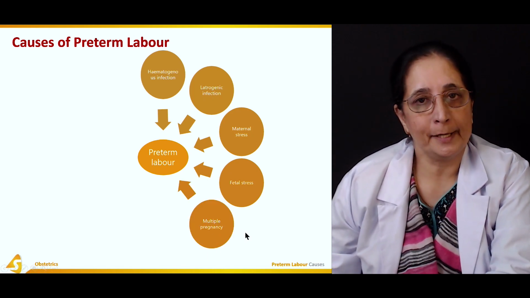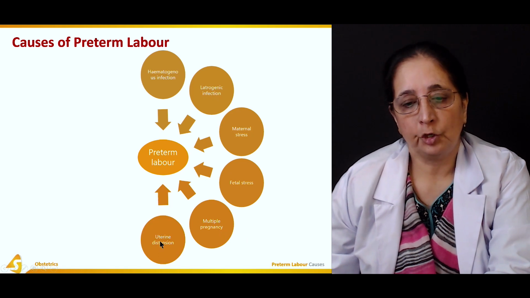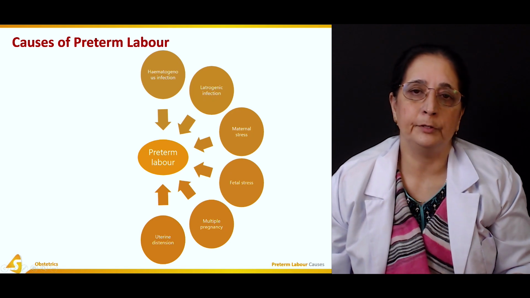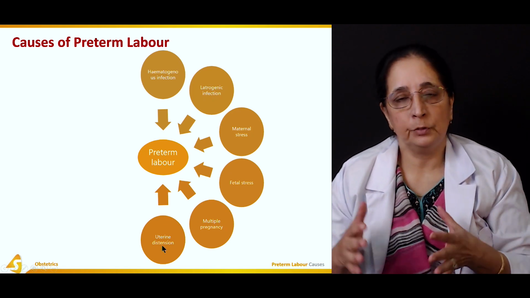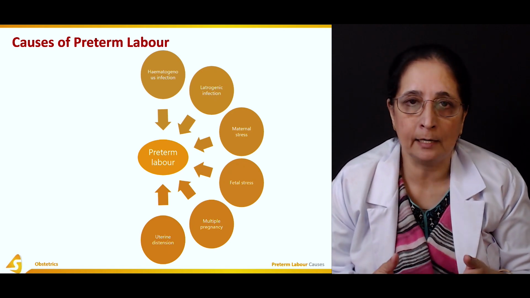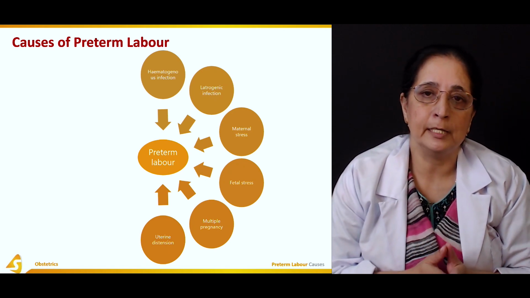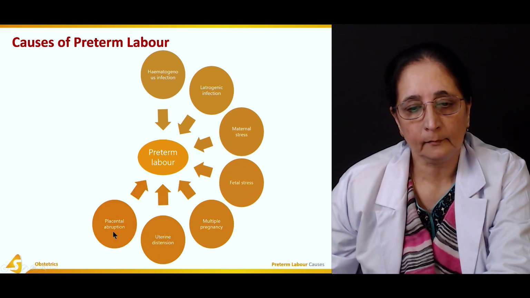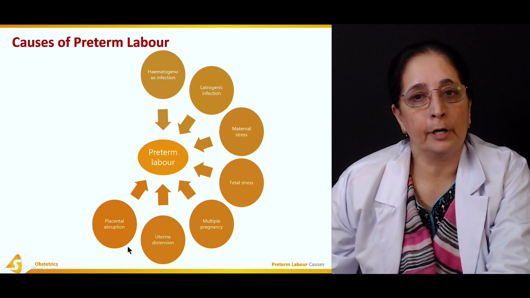Then multiple pregnancy, uterine distension. Multiple pregnancy is one cause of uterine distension. So uterine distension, and multiple pregnancy itself causing uterine distension, both can cause preterm labor. Placental abruption.